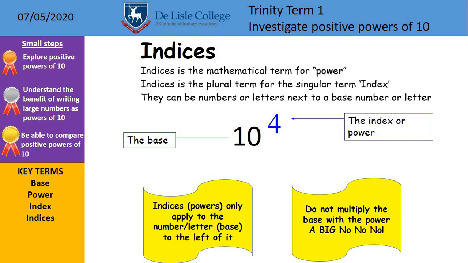So 10 to the power of 4 means 10 times 10 times 10 times 10. It does not ever mean, for any number or letter, 10 multiplied by 4. Don't ever fall into that trap. So just make sure you've got that basic notation written down so you know what we're referring to as the base and what we refer to as the index or power, with those interchangeable terms.